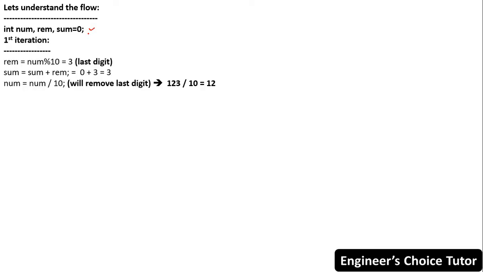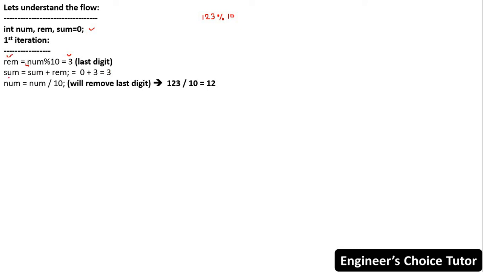Then inside the while loop, see what will happen at first iteration. When you do a modulo operation, number modulo 10, what will happen? What is the number you have taken? 123. So 123 modulo 10, you will get the remainder as 3. So this 3 you are storing in the rem variable.